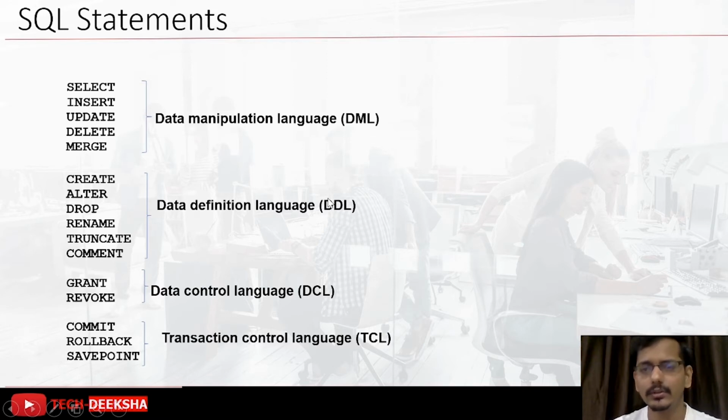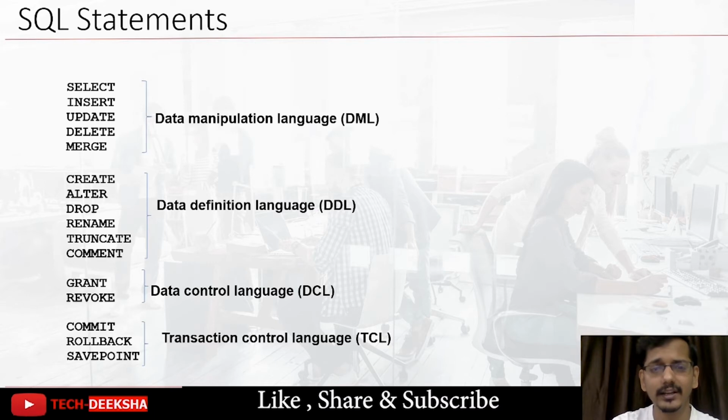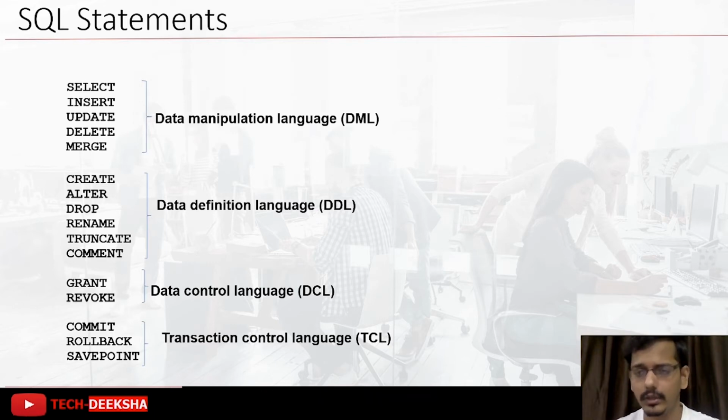We'll learn about these statements when we discuss data dictionaries, so that the concept of DDL and DML gets clearer. We'll see what happens when we execute a DDL operation, and where the table and all the information we are creating gets stored. And then your data control language, which is grant and revoke.